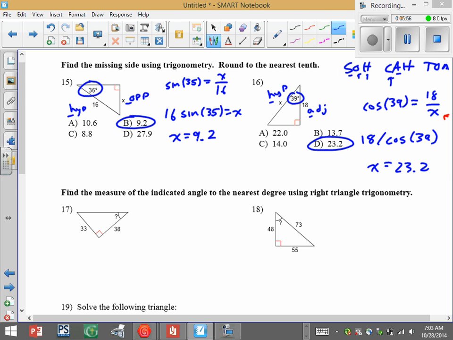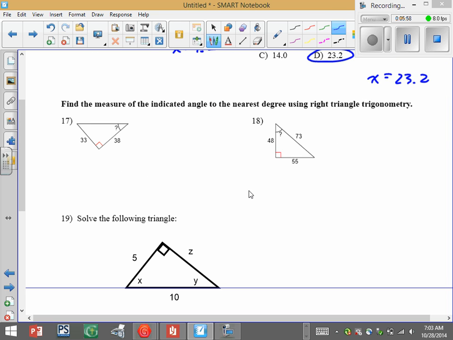17 and 18, same thing. We're still using our trigonometry, except now we're going to find a missing angle. So here, circle the angle again. Opposite is labeled, and so is adjacent, which means that we're going to use tangent, right? TOA. So tangent of x, opposite on top, adjacent on the bottom.